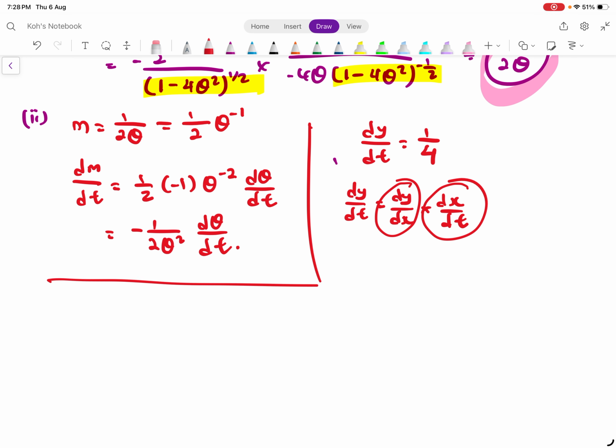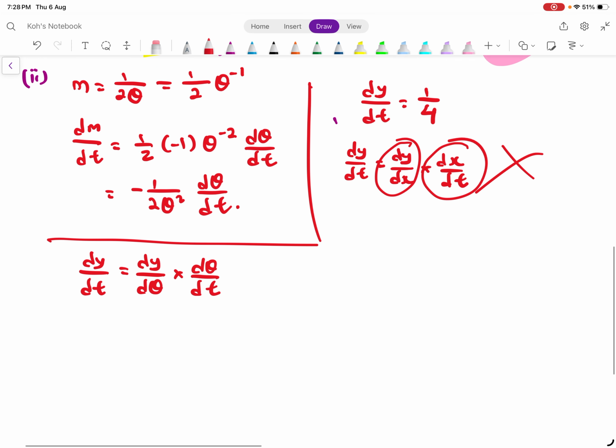Since they give us dy/dt, we must use dy/dt equivalent to dy/d theta multiplied by d theta/dt. You can see that the d theta and d theta is gone. So the left hand side is dy/dt, and the right hand side is also dy/dt.